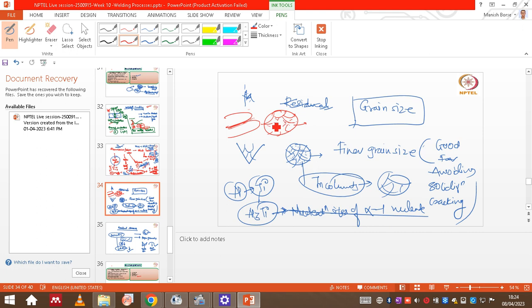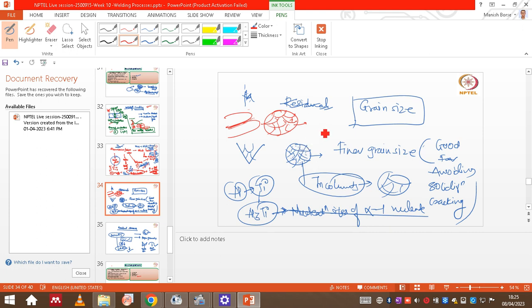Instead, the film will form at particular grain boundary areas, and that won't be continuous, right? So obviously, instead of columnar grain, if we have an equiaxed and finer grain structure, then it will be helpful to prevent the continuous liquid film formation, or in other words, it will prevent the solidification cracking.